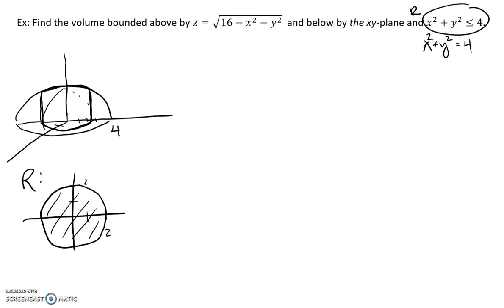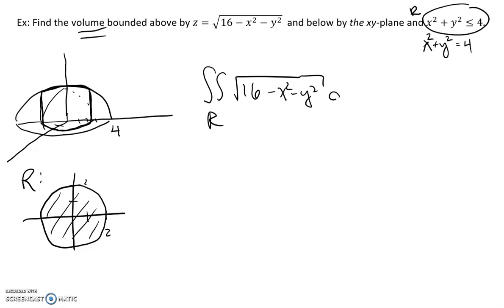And then for the volume, we would be doing the double integral over the area of R of that function of z, the square root of 16 minus x squared minus y squared, with respect to area, which could either be a dx dy or a dy dx.